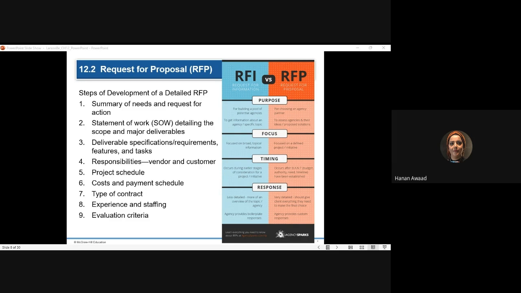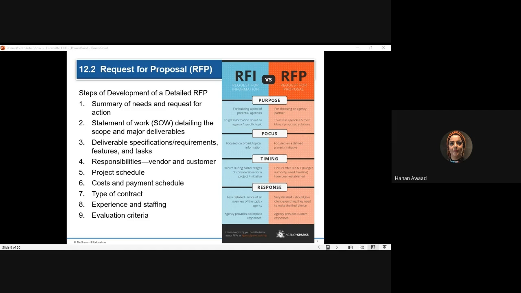I might ask for detailed CVs of the consultants or the people who will work with this, and all the people, even the support. And also, I will share with them the evaluation criteria because this is part of the transparency.